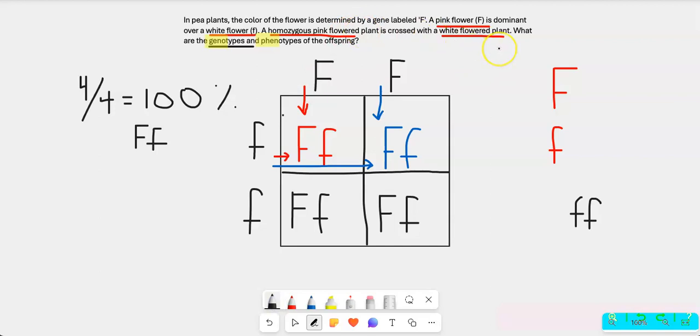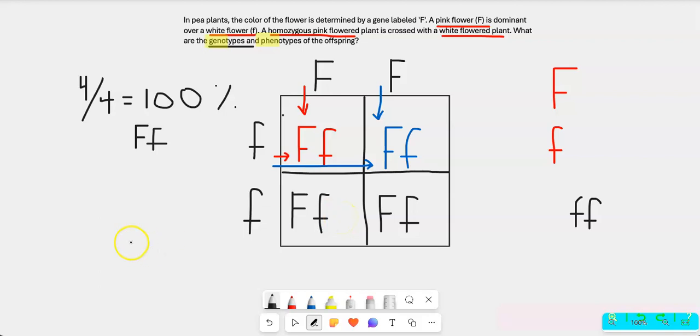So if we remember from dominant compared to recessive, the only way for a recessive trait, in this case the white color, to be present is if we have this homozygous recessive. Do you see any homozygous recessive on our Punnett square?